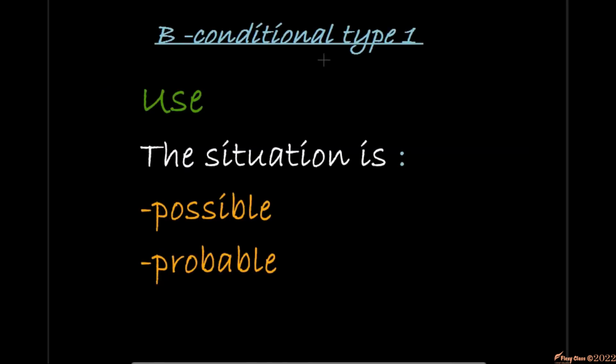Okay, so let's move on to the first conditional, type 1. The use of this conditional: we use it when the situation is possible and probable, something that is possible to happen. Let's have a look at some examples.